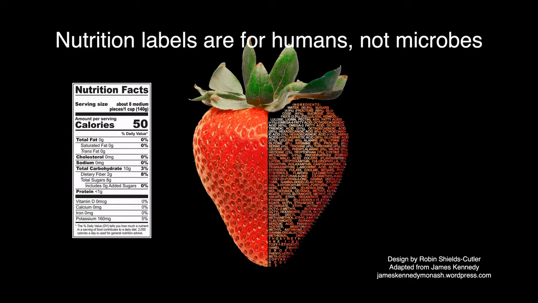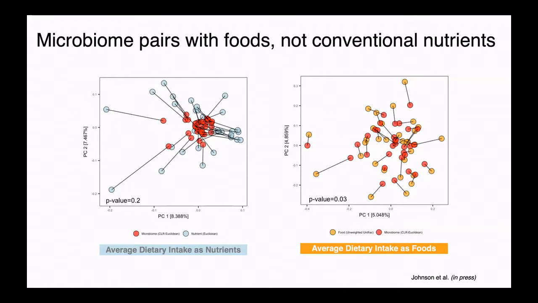So we're stuck because most of the studies are using these nutrient labels. We don't have this information for the vast majority of foods. I'm not going to go into the details now, but we worked on some methods where we could basically share information from closely related foods to get more statistical power out of the diet data. And then we were able to link that back to the microbiome.